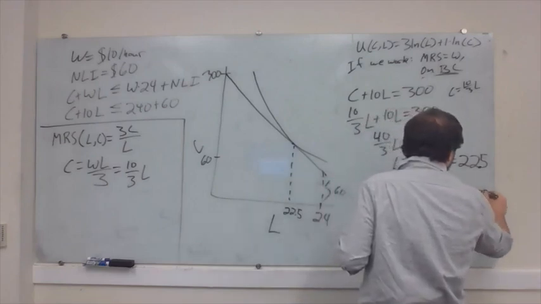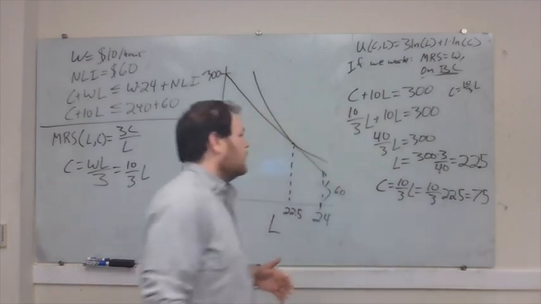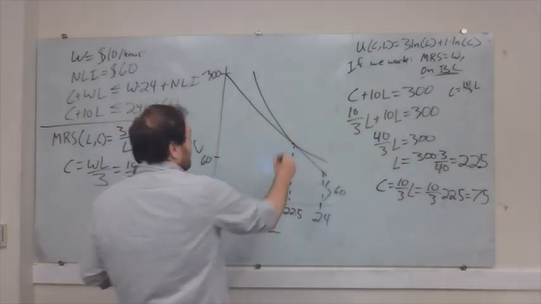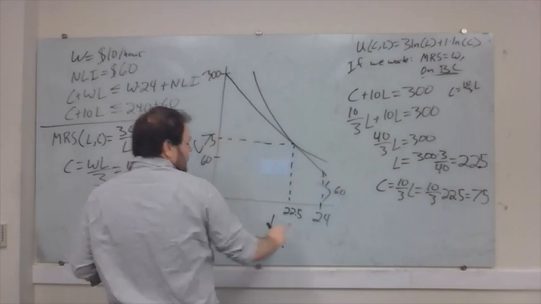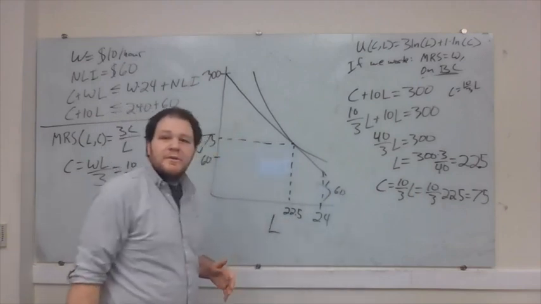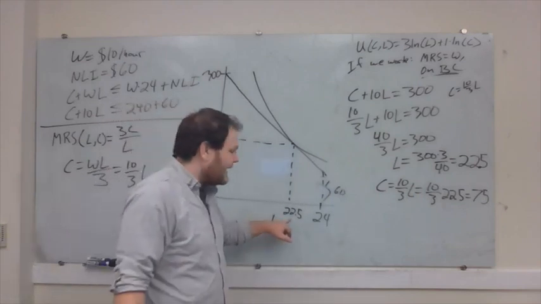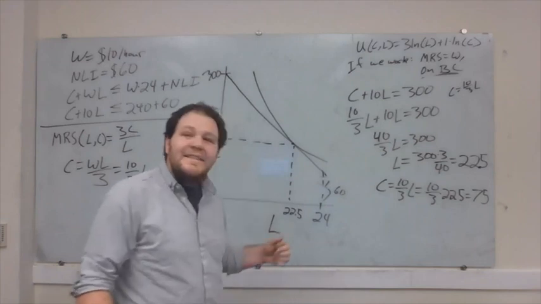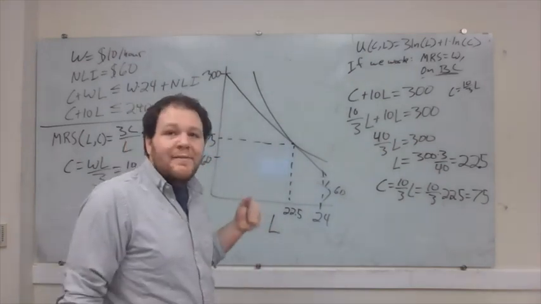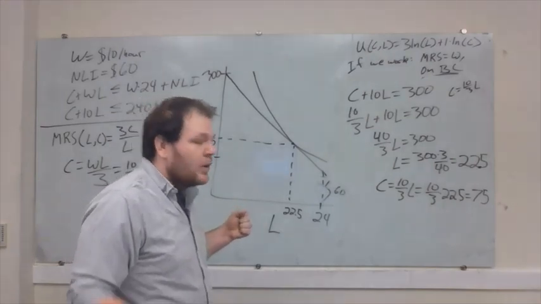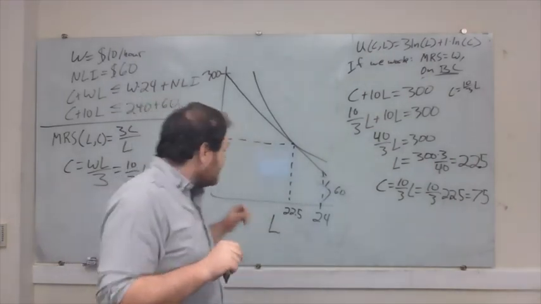Great. So we found that our optimal choice here is going to be to consume 22 and a half hours of leisure, spend 22 and a half hours playing hacky sack and ultimate frisbee, and then consume $75 worth of stuff every day. Wonderful. One last thing we should do is double check our answer by making sure that this is in fact on our budget constraint.